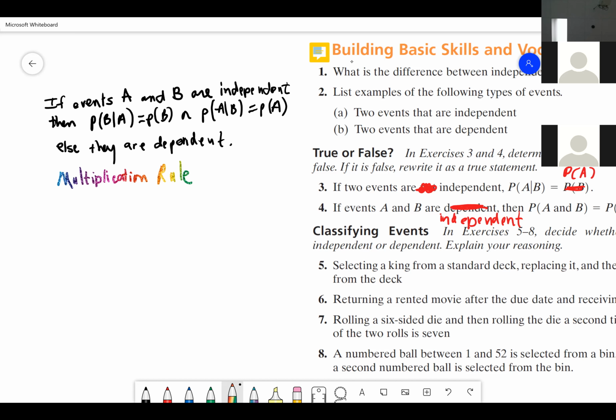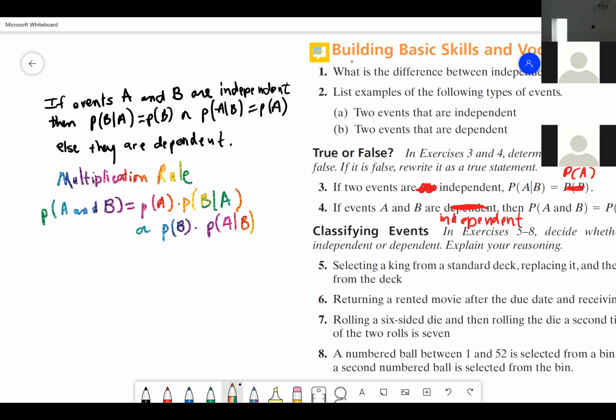The probability of A and B must equal the probability of A times the probability of B given A, or you can also write that as the probability of B times the probability of A given B. So those are the two ways we can look at the multiplication rule. I'm gonna be honest, I am completely lost. It's okay, because once I go through this, I think you're gonna be just fine.